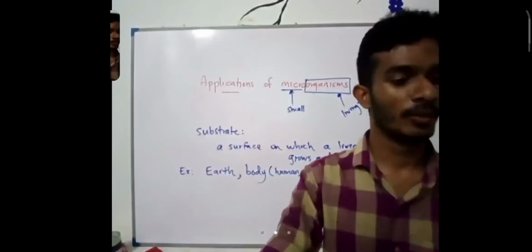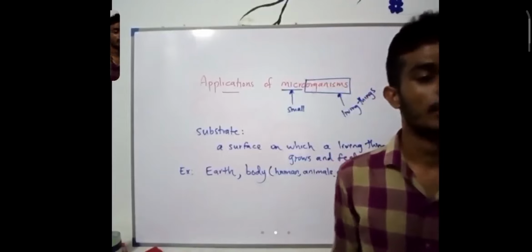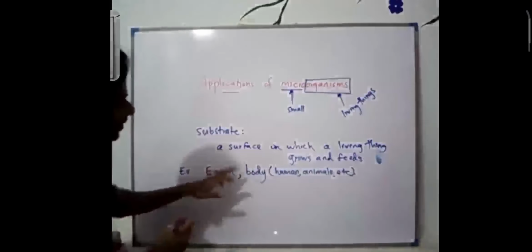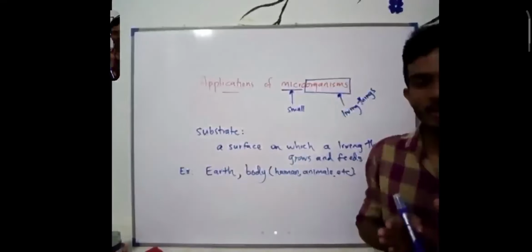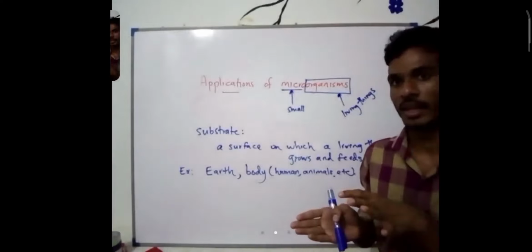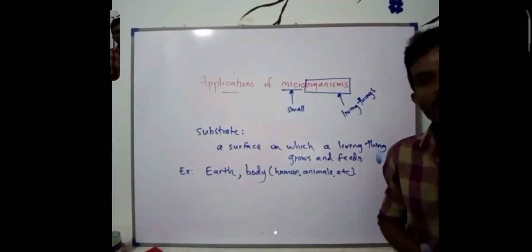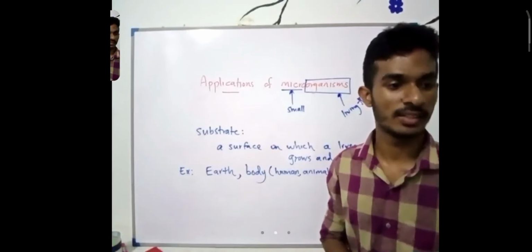Now, we have already said that microorganisms live in our body. So if something is living in our body, it might cause some harm and some benefit. So we have favorable microorganisms as well as harmful microorganisms.